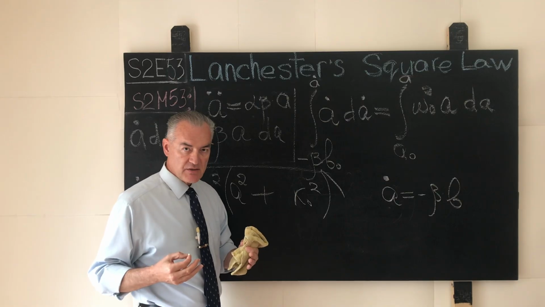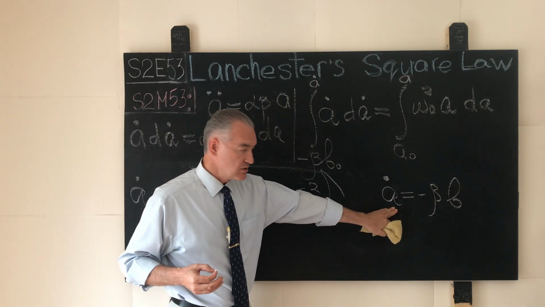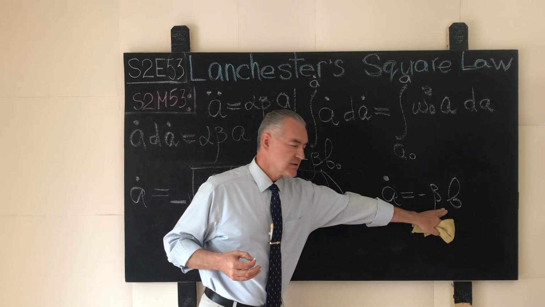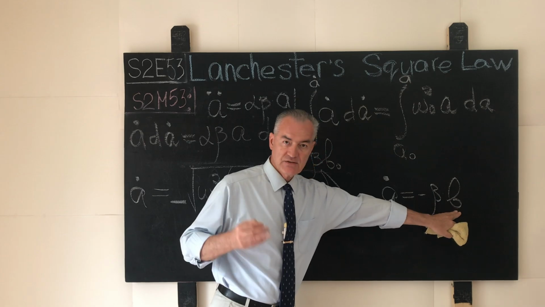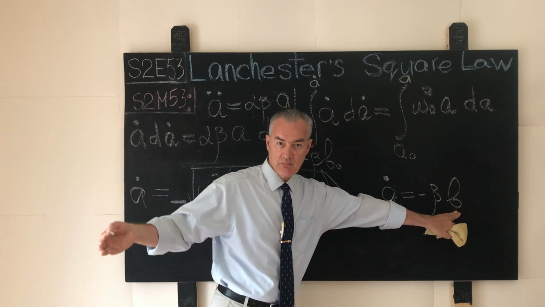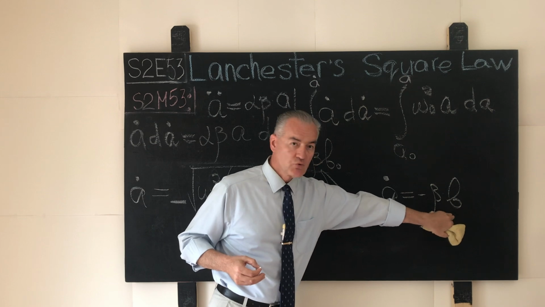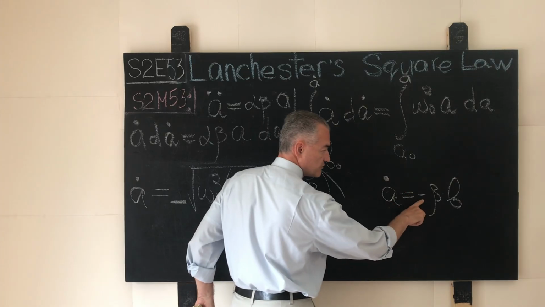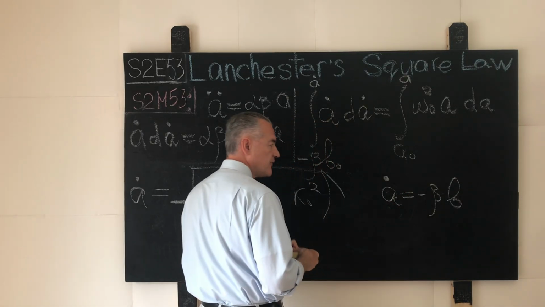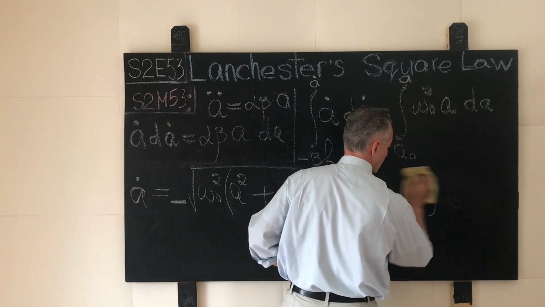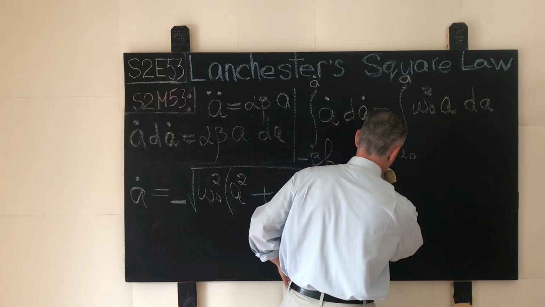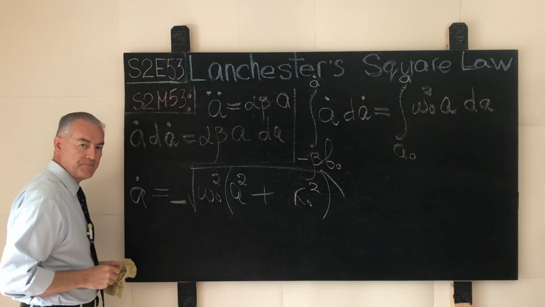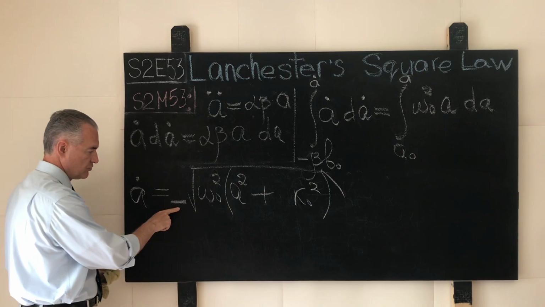One way to capture it mathematically is to say that the first derivative of that function must be negative. Beta is a positive quantity. B is a function of the number of units of the army B, a positive quantity. A product of two positive quantities is a positive quantity. Consequently, the first derivative of A is strictly less than 0. So we have to pick, by the nature of the problem, the sign which says minus, the negative sign.